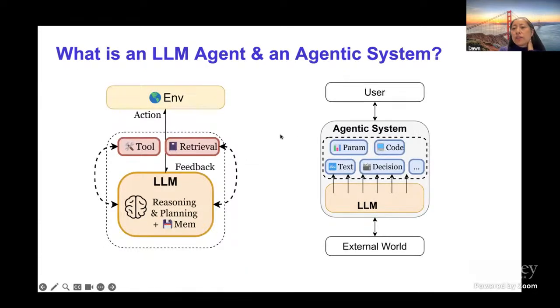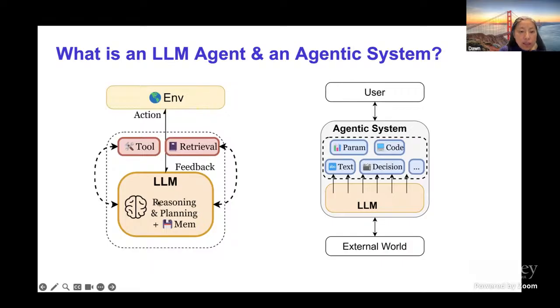Okay, so first let's just revisit what is an LLM agent and also an agentic AI system. So again, as I mentioned, with LLM agents, essentially we have the model at the core, but it interacts with the environment and the user, and can take queries from the user and also observe from the environment.